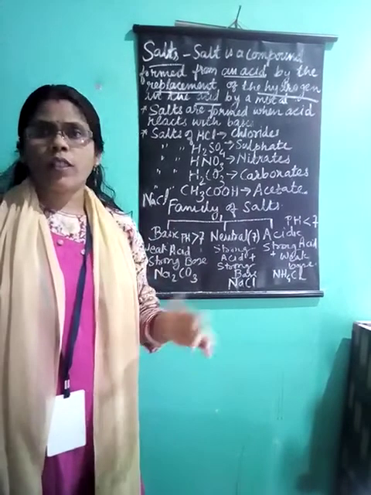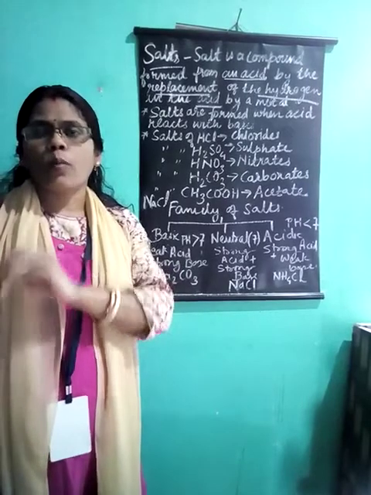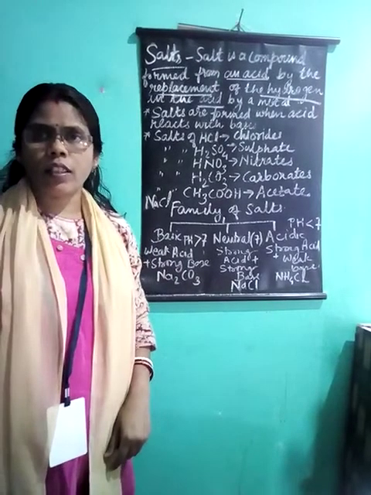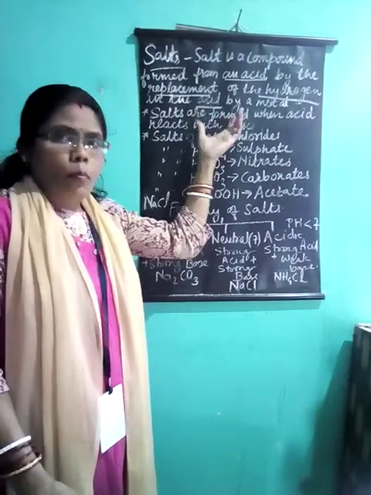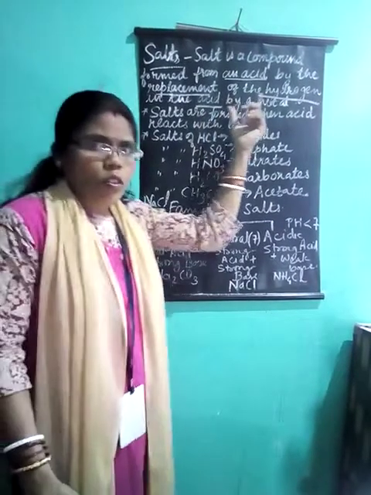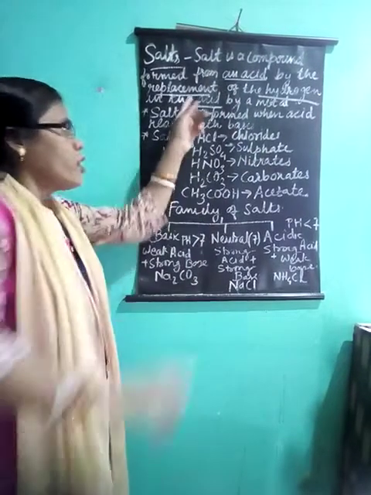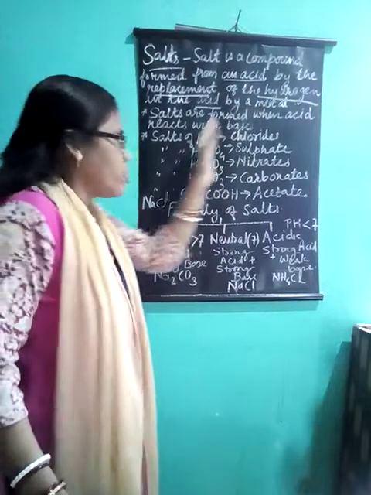But when we are talking here about salt, it is not just that common salt. It is a compound in which hydrogen is replaced by a metal in the acid.